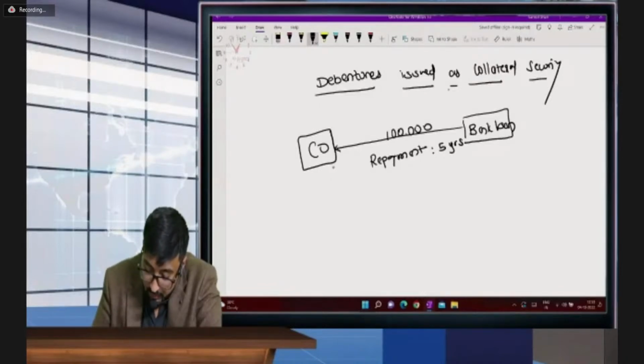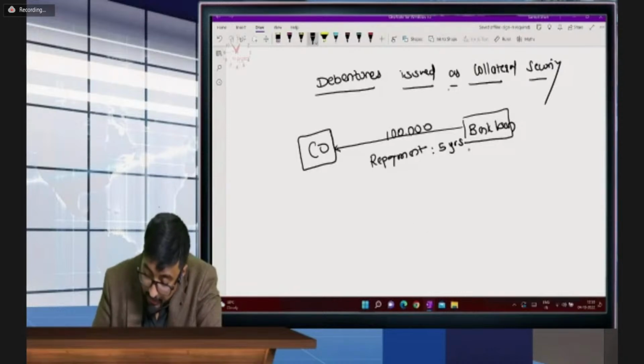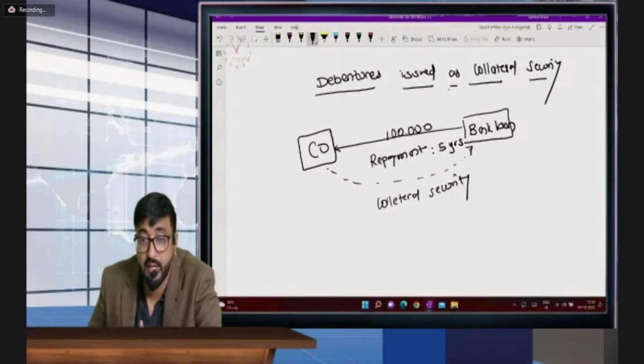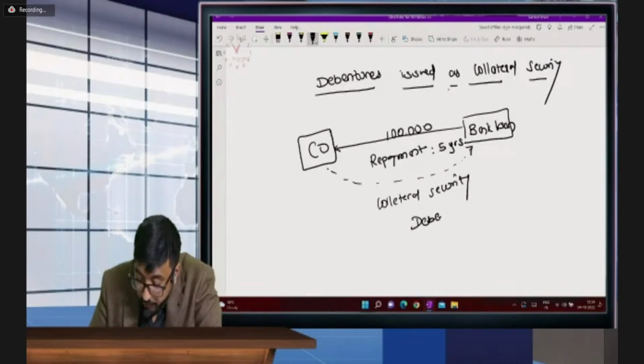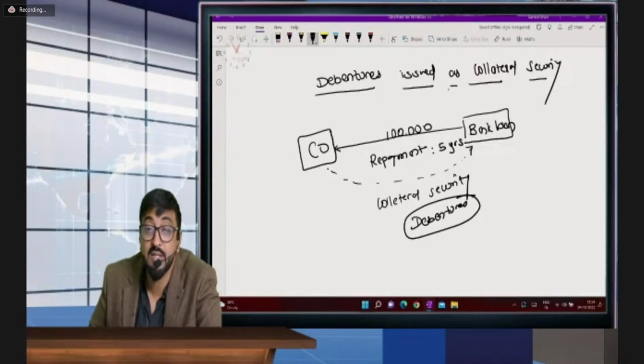Till that time, the company has given, now dotted line, beta, why? We'll tell you. Collateral security, some security. If a loan is taken, then you have to give something as mortgage or as a charge, you have to pledge something. So you issued debentures. Debentures as a collateral security.